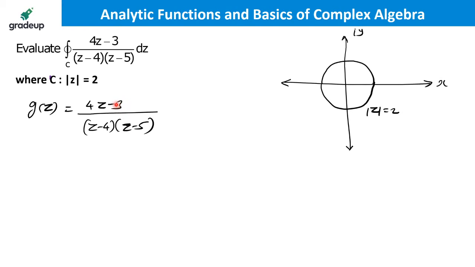Whenever you equate the denominator of g of z to 0, you will be getting the poles. Z equal to 4 and z equal to 5, these are the points on real axis outside the circle.